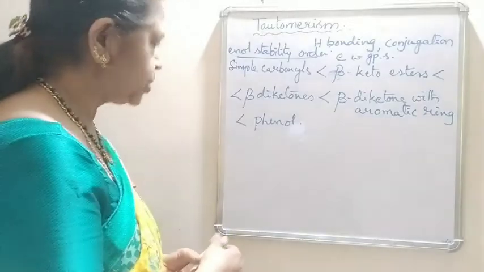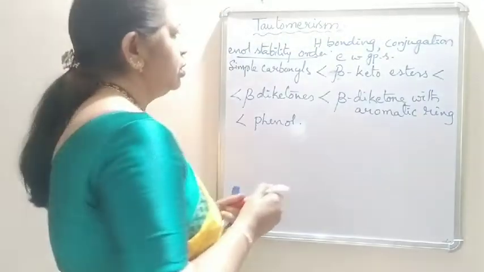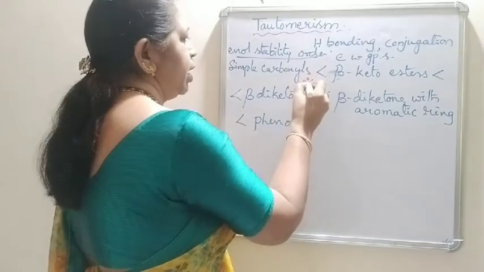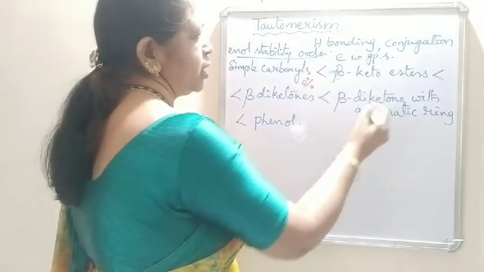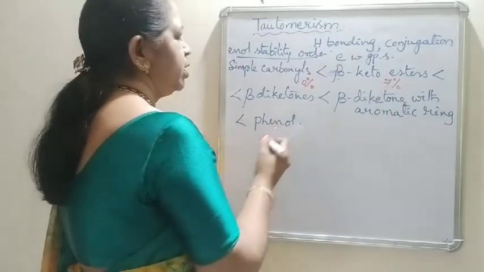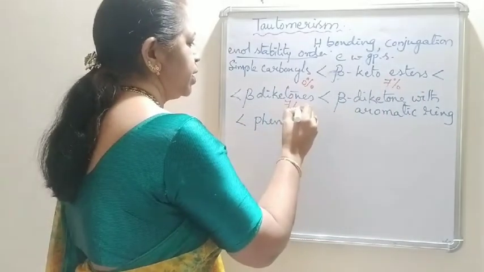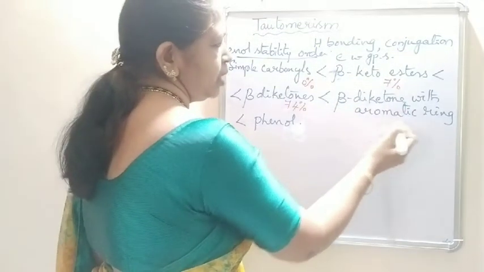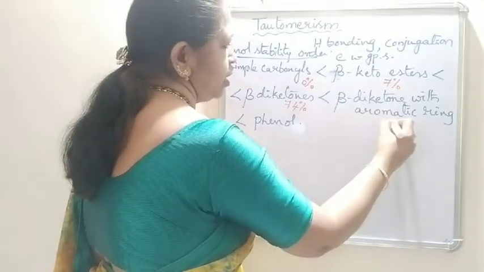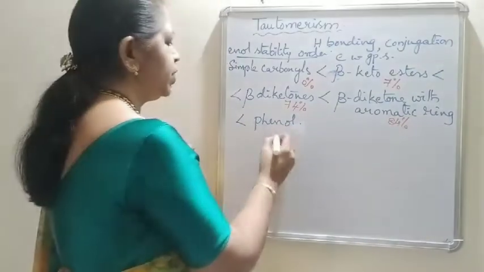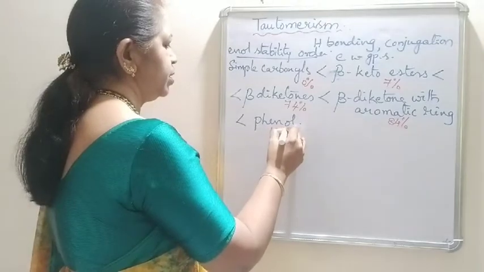Now what is the percentage of enol forms? In simple ketones 0%, and in beta keto esters it is 7%, and in beta diketones it is 74%, and beta diketone with aromatic ring it goes up to 84 to 86%, and in phenol it is 100%.